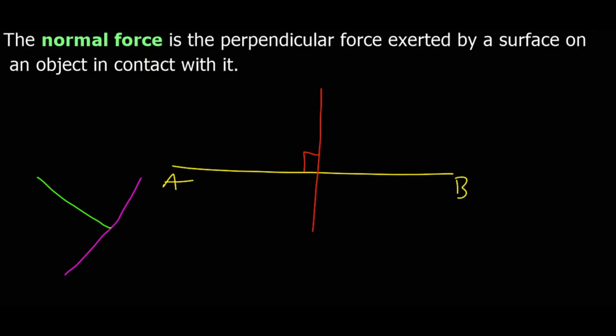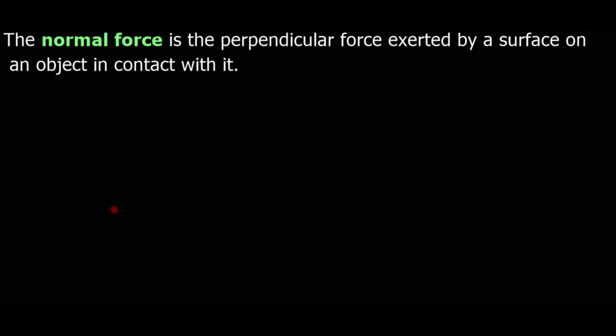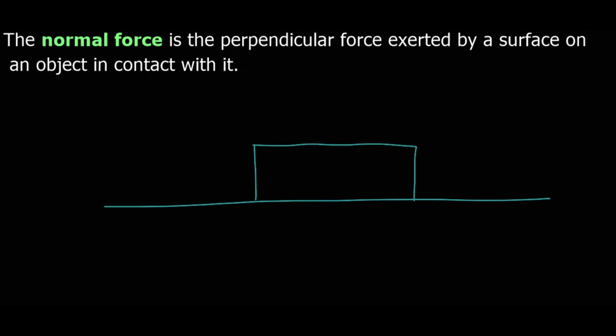Now let's understand what exactly a normal force is. Let's say an object is on the surface, and let's say this object has a mass of 10 kilograms. Because this object has mass, it has a weight force, because any object with mass experiences a force of gravity.